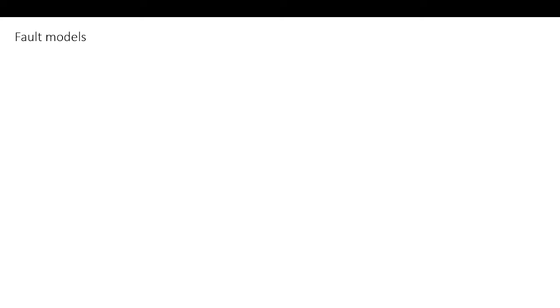If we consider fault models, there are two types: multiple fault model and single fault model.